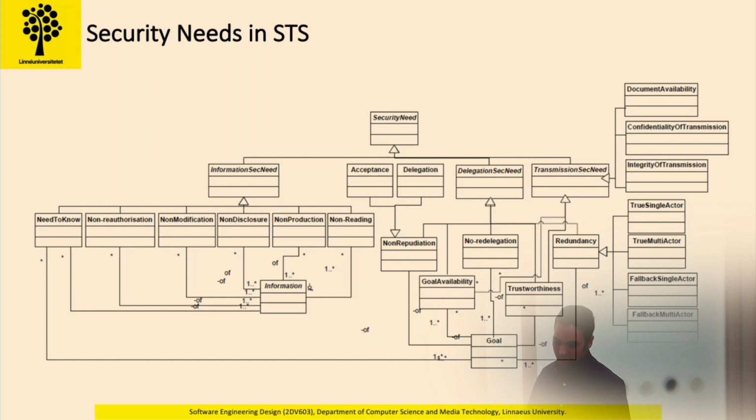He wants this delegation, this goal or action or objective, to satisfy some security requirements, some security needs, and he graphically mentions them in the model. In the same way, if two actors are exchanging information, he also wants some security needs to be imposed on that information.